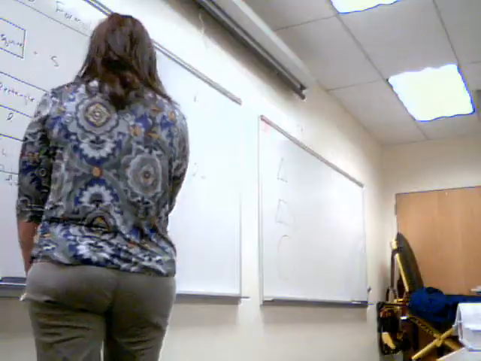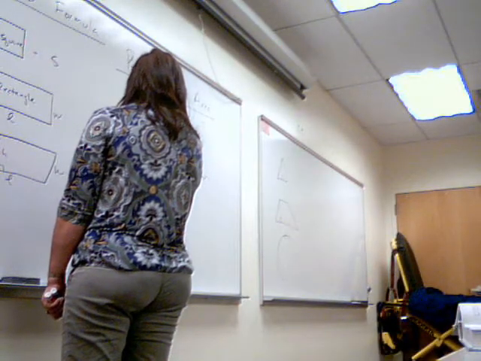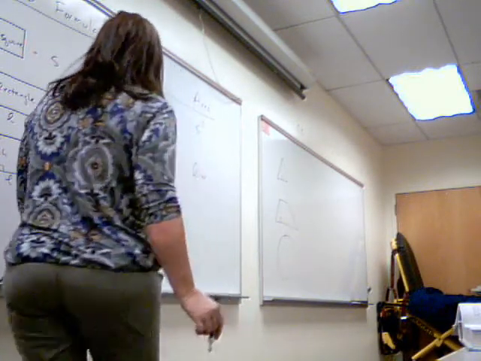So what's my perimeter? Just going to add up all the sides again, right? Sometimes you'll see it just written like A plus B plus C plus D type deal. So it's the same deal, 2L plus 2W.